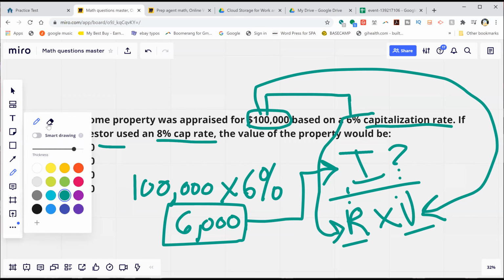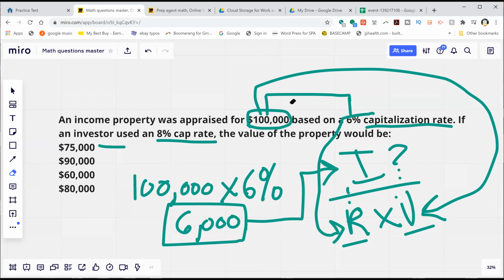So let me just do a couple of erasing, okay? Because there's a lot of lines going on. So we multiplied the 100,000 times the 6%, which was what we got on the bottom. That was the rate times the value, okay? Then that gave us the income. Now, the final step that we took was to divide the income of 6,000. That's where we plug it in there.